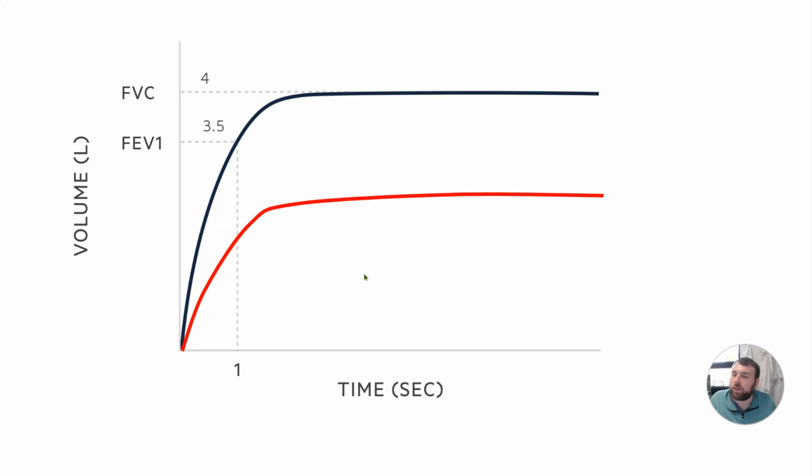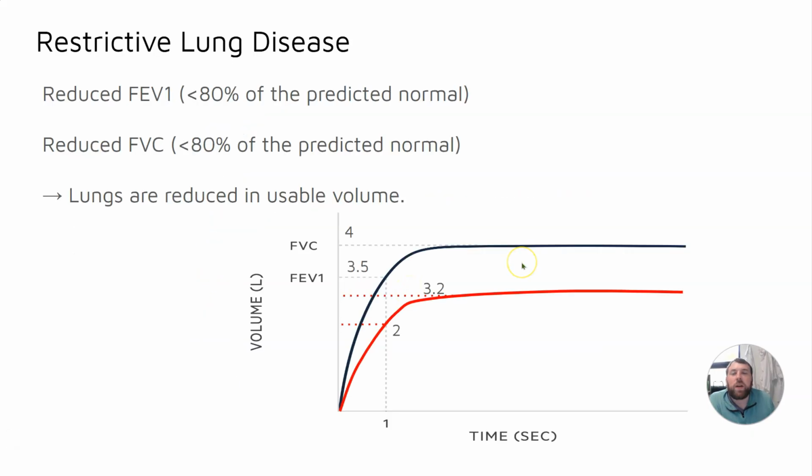Something is restricting their airflow. If you take those values and approximate them for about 3.2 and 2, clearly these are not the normal ranges for an everyday female. What this would indicate is called restrictive lung disease, a class of diseases where the lungs are not able to inflate or deflate as quickly as they should.